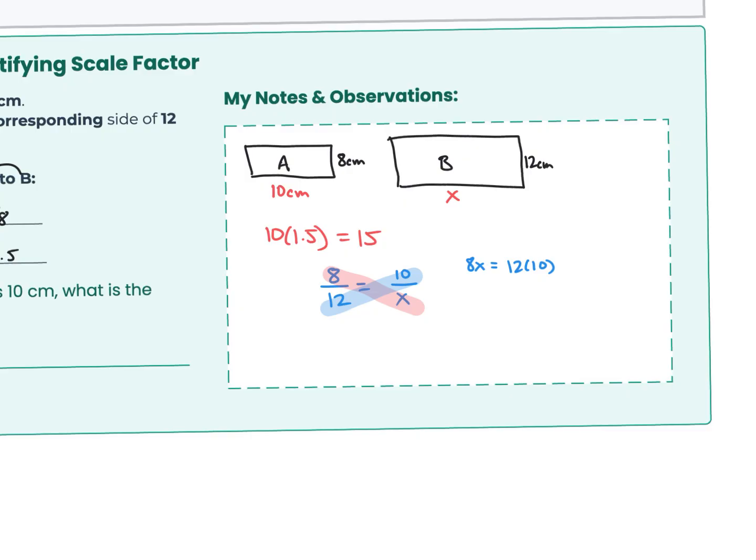And actually in this case, we're testing it out, so I'm not going to use x, I'm actually going to use the 15 there. So instead of 8x, I'm going to have 8 times 15 just to see if it's proportional. And 8 times 15 ends up being 120. 12 times 10 is 120. So we can see that it maintains that proportional relationship. But instead of using the proportion, we used the scale factor.